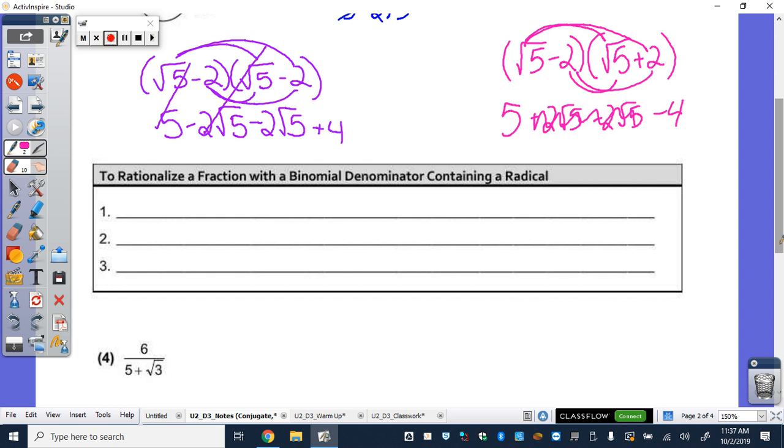So to rationalize a fraction with a binomial denominator, first determine the conjugate. And again, the conjugate only changes that sign in the middle. Nothing else changes about it.